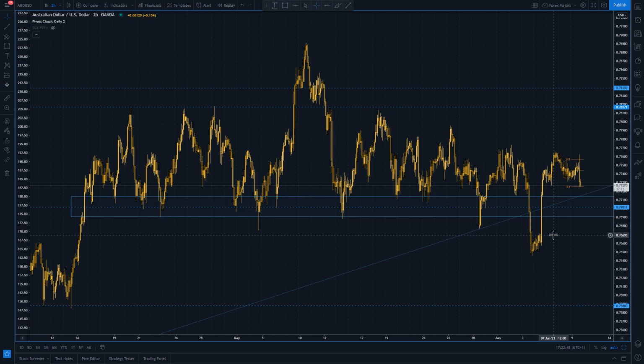That's going to be so massive, and that's going to create a huge risk off turn that might actually change the fundamental outlook for something like the Aussie versus the US dollar.